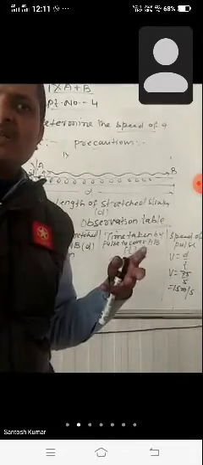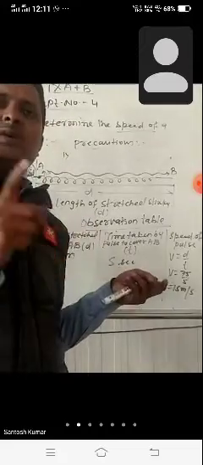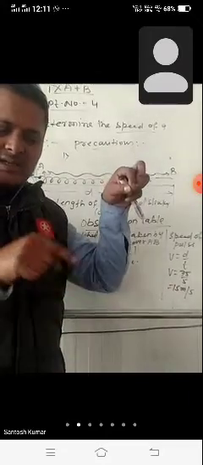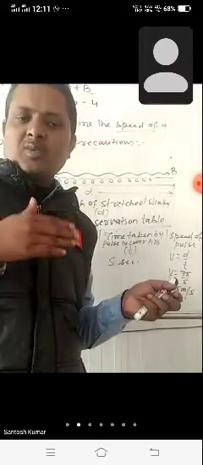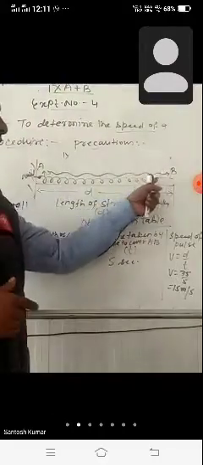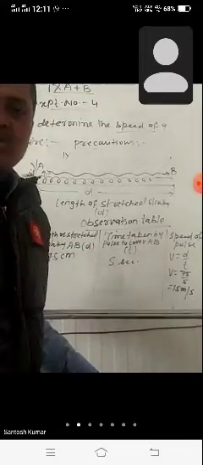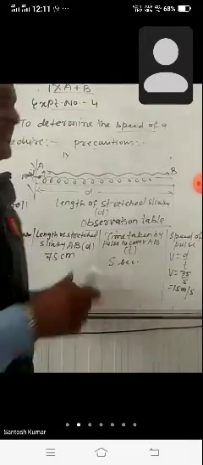Suitable means that we can use the stopwatch for the measurement of the time. If the pulse reaches the end before the stopwatch is switched on, the length should be appropriate so that it can be measured. The pulse is moving from point A to B, and it can be noted down. First precaution: the slinky should be stretched up to a suitable length. Clear?